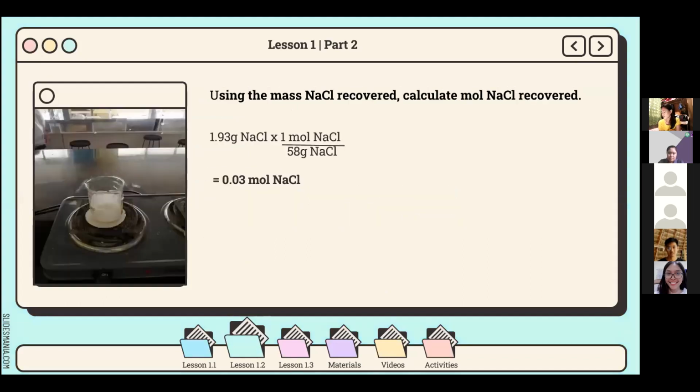For our next reporter, I am going to give the virtual floor to Mr. Magallanes. So using the mass of NaCl recovered, to calculate the mole of NaCl recovered, we are going to use the theoretical yield, which is what Gwyneth explained earlier, 1.93.